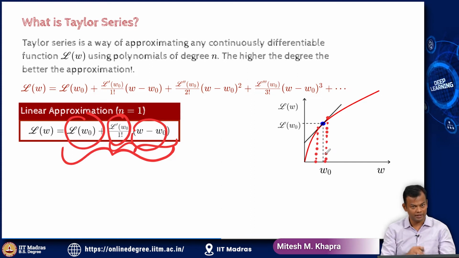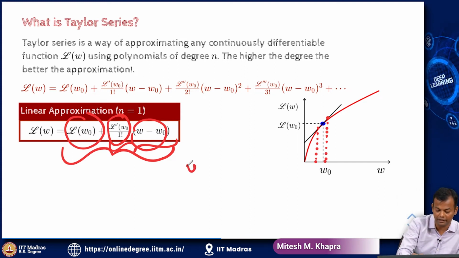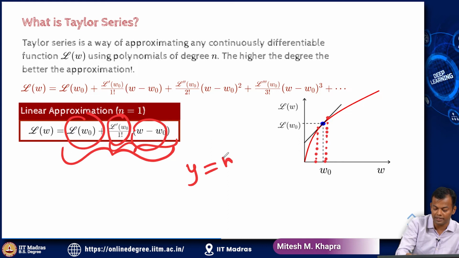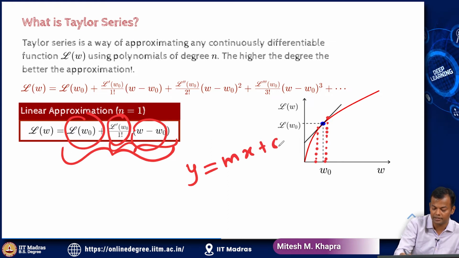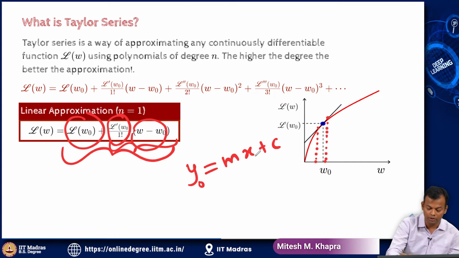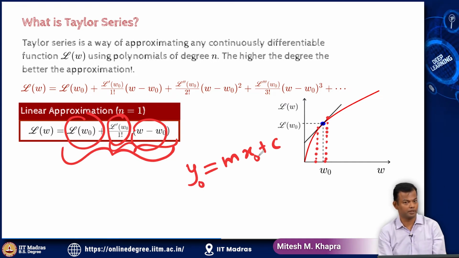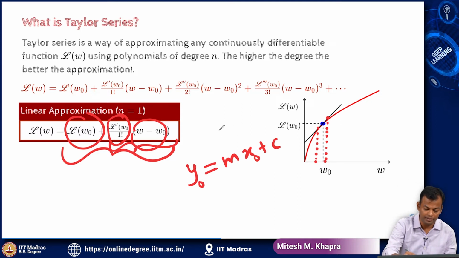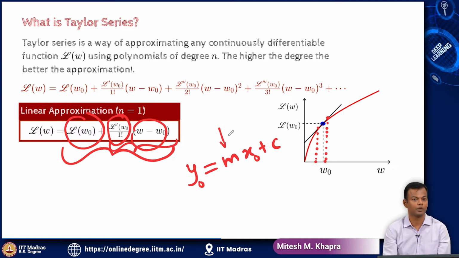Now, if the function is linear, that means I have assumed that the function is of the form y equal to mx plus c, okay? And I already know y0, which is m x0 plus c, right? And what is m?